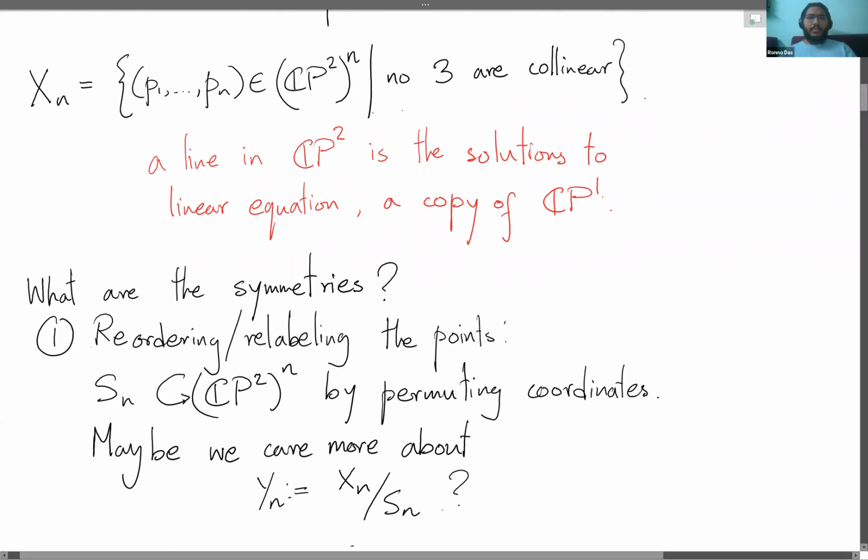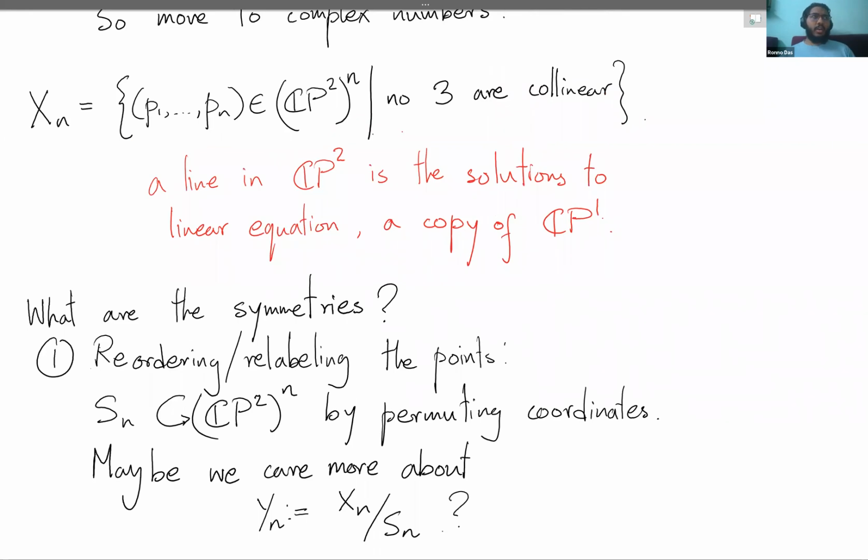Okay, so this is a space, but when you're studying a space, it's always good to keep track of what symmetries that space has. It's not just the space by itself; that should be part of the data. So what are the symmetries of the space?